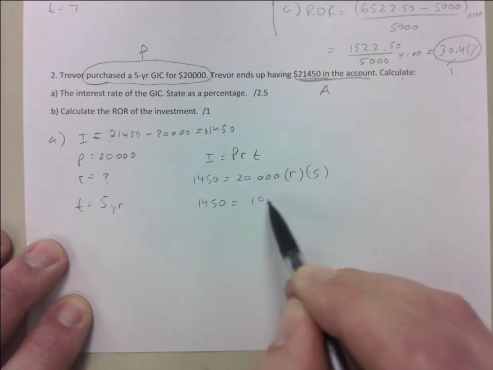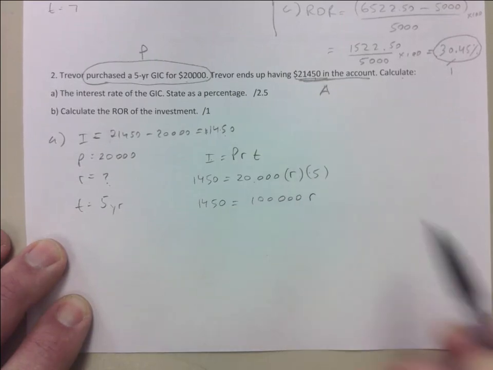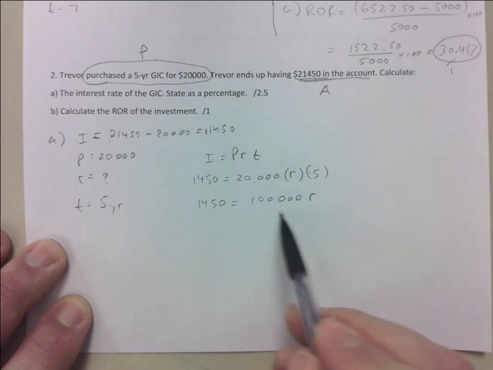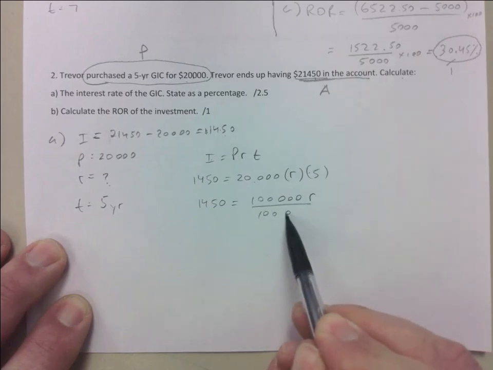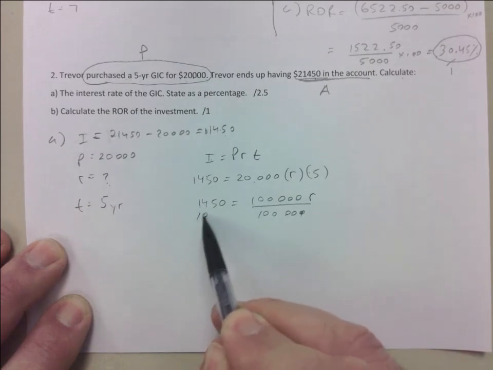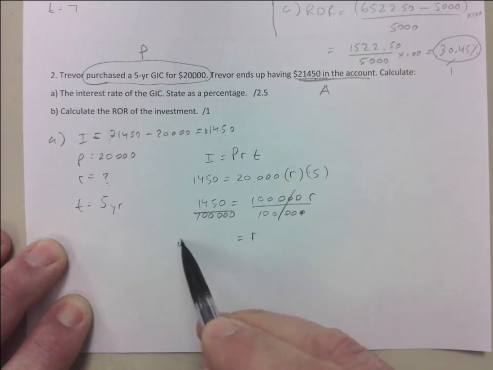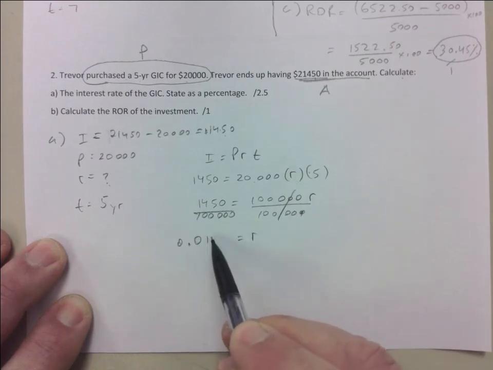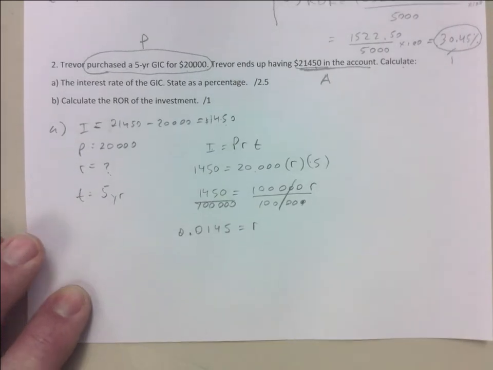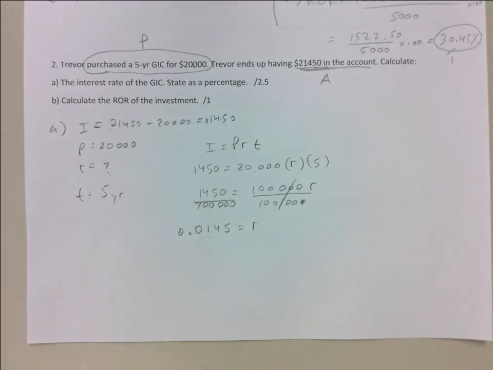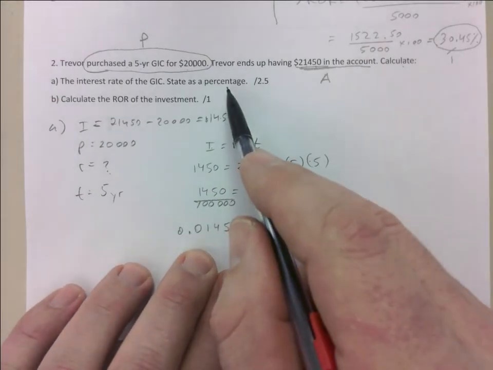5 times that is 100,000. 100,000 R. You divide both sides by 100,000. Cancel that out. You get 0.0145, right? It says as a percentage.